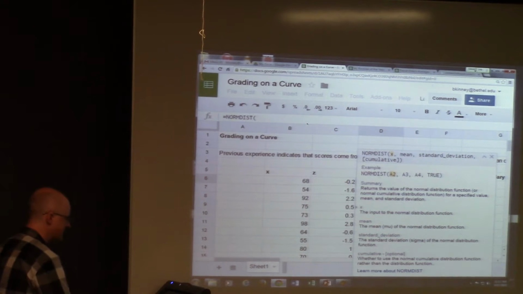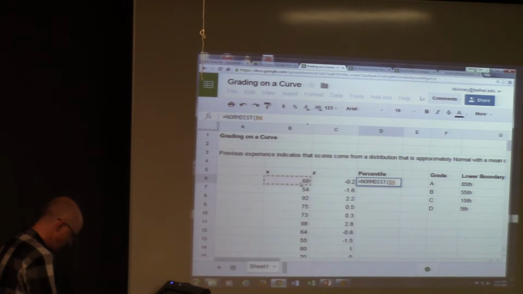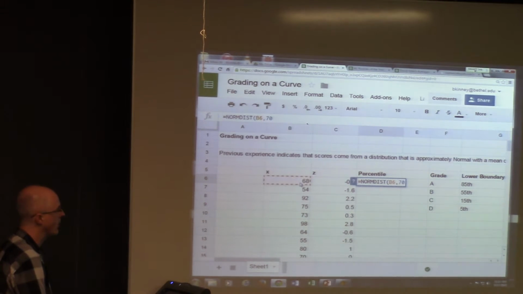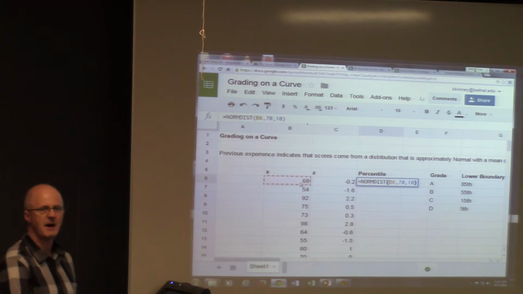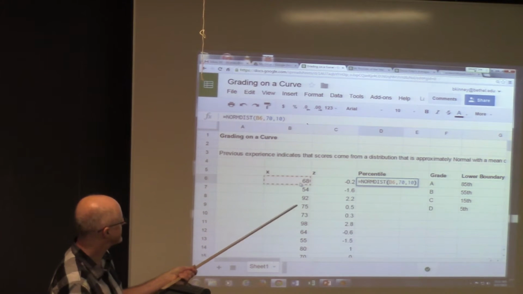How do you use this? Again, you plug in the value of x, in this case, say this exam score of 68. You plug in the mean of the normal distribution you're using, which was 70 for these exam scores, and the standard deviation. I think we don't have to bother putting the true. Actually, I didn't test that. What is this going to do?